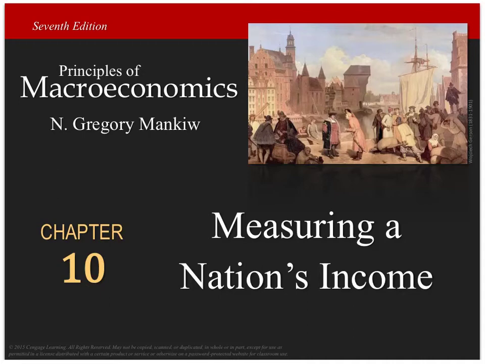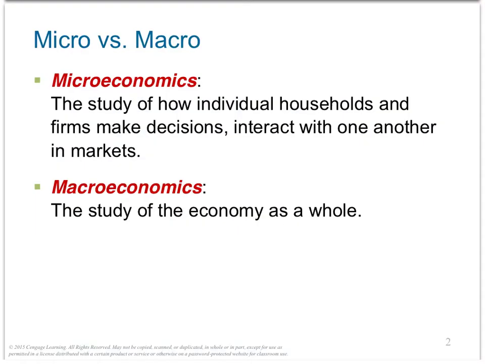They are not telling us what the household is doing, but they are usually telling us something about the entire economy. As you recall from chapter 2, we divide economics into two parts. The first one is microeconomics, which is the study of how individual households and firms make decisions and interact with one another in markets.